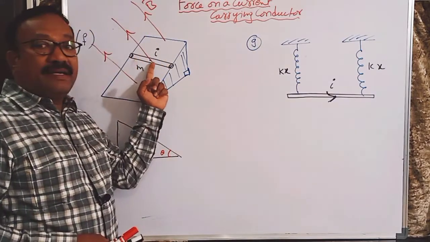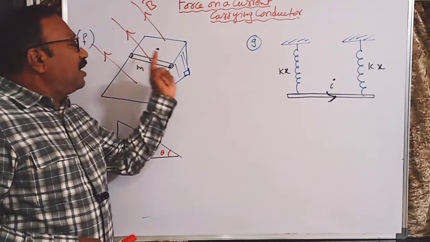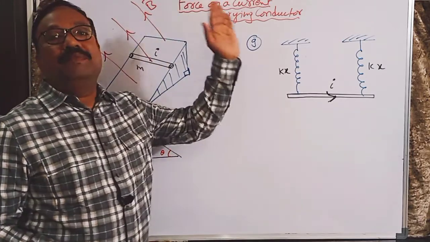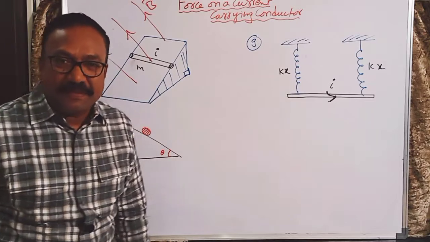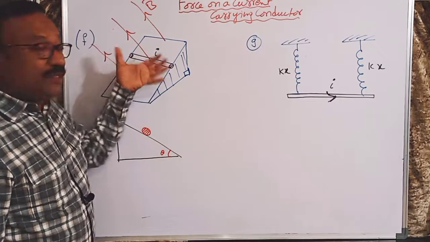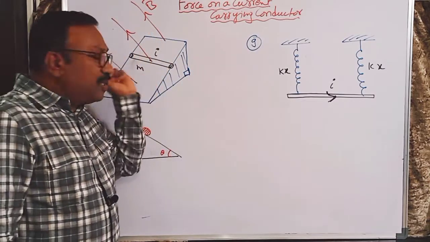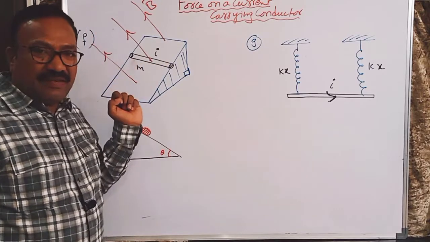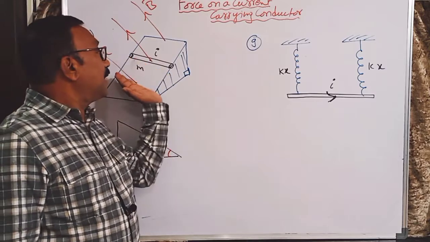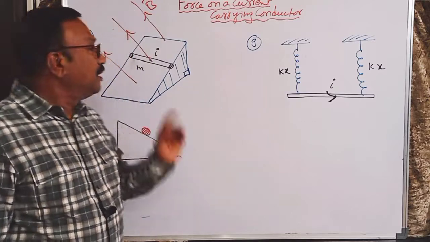Find the value of current such that this conductor starts moving up the inclined plane with uniform velocity. If L is the length of the conductor given, find the value of the current in such a manner that the conductor starts sliding up the plane with uniform velocity.